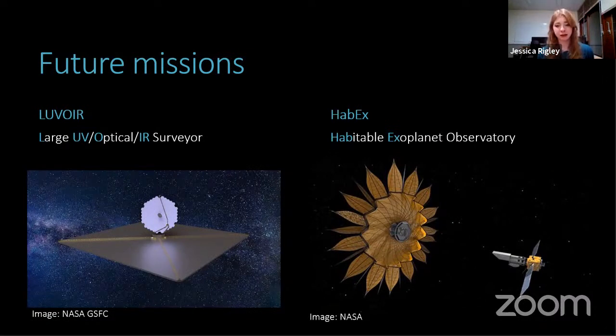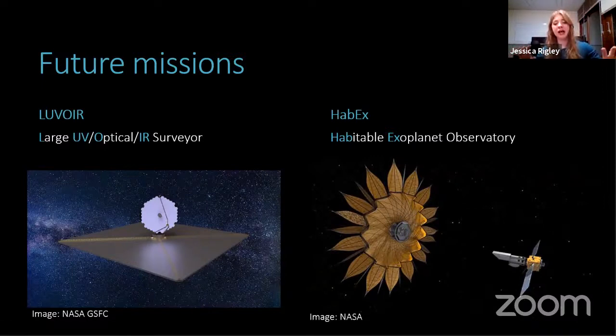And then this second mission is called HabEx. So this is the Habitable Exoplanet Observatory. And this one's a much smaller telescope. So this is only a 4-meter telescope, but this one's actually 2 spacecraft. So as well as a 4-meter telescope, we also have this star shade. So this star shade is 52 meters across.